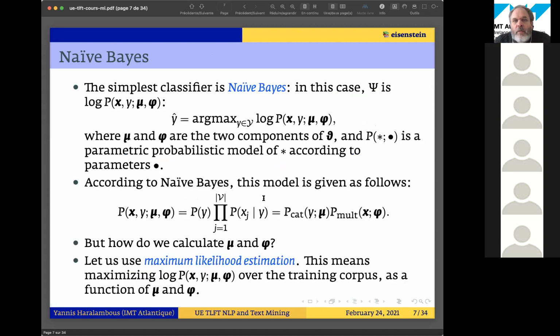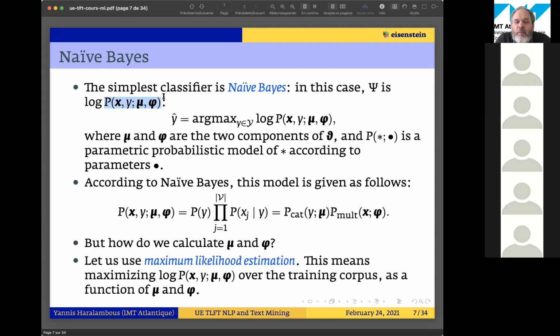Our first case of classifier in which we will use this psi is naive Bayes. So in naive Bayes, psi is the joint probability of x and y. But be careful, we have parameters. So here P is not a probability, it's a probabilistic model. It's a function we will define, since we are doing parametric models.